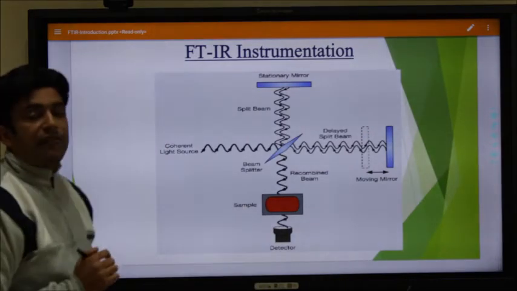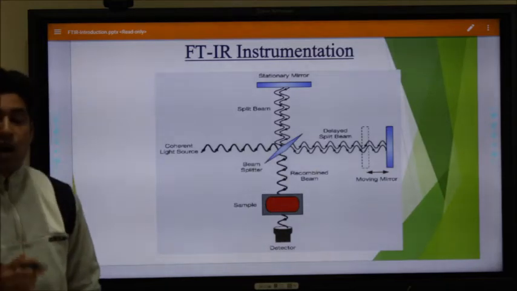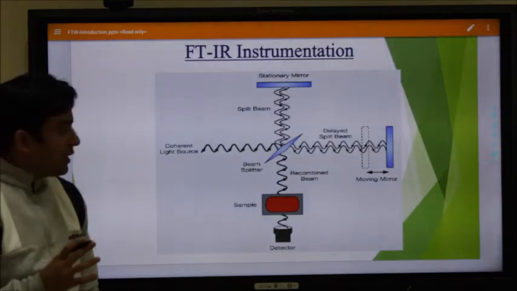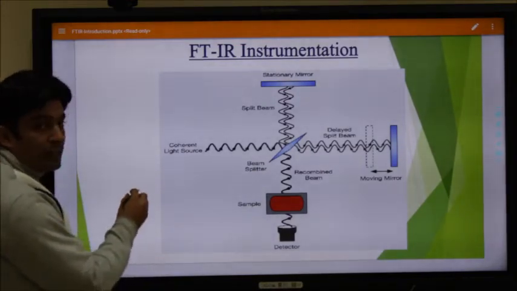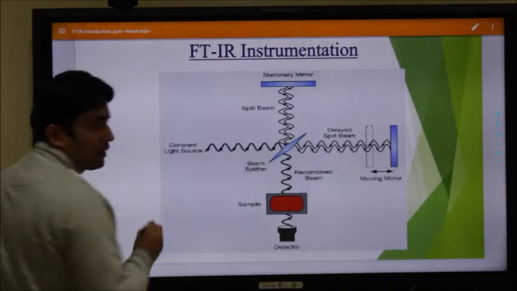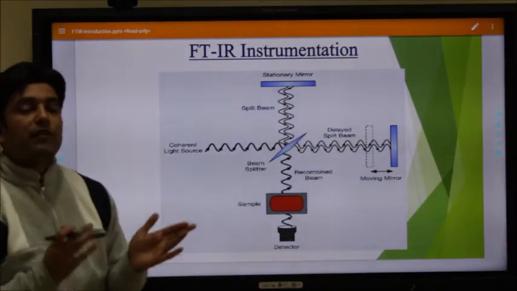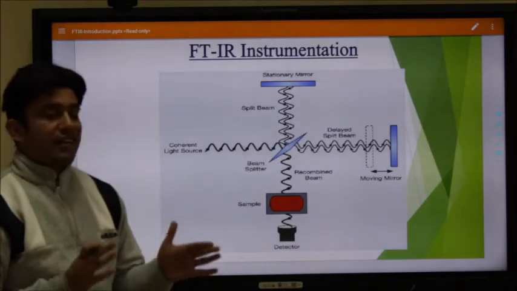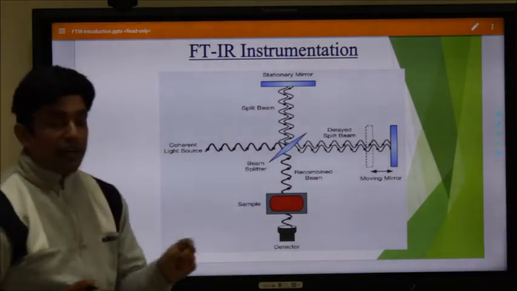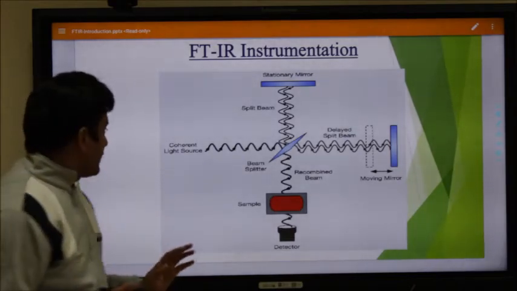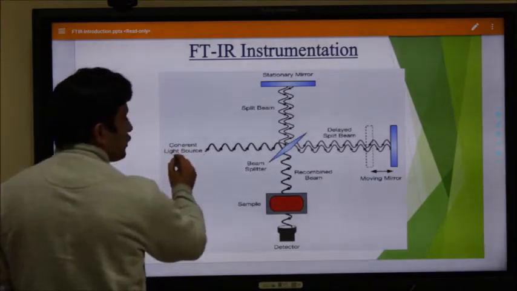Now this is the FTIR instrumentation. Now I will tell you how this instrument works and how the data is recorded. As I told you earlier in UV visible spectroscopy, each and every spectroscopic technique involves the use of a light source, and here we also have a coherent light source.